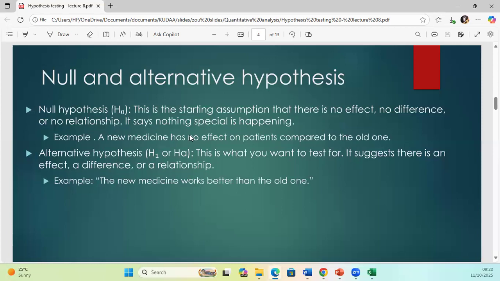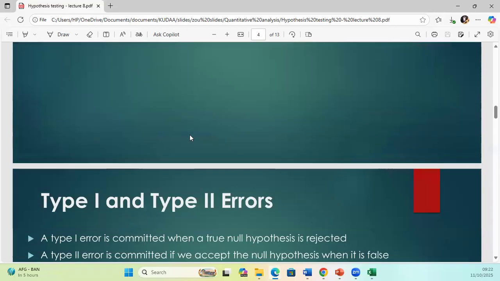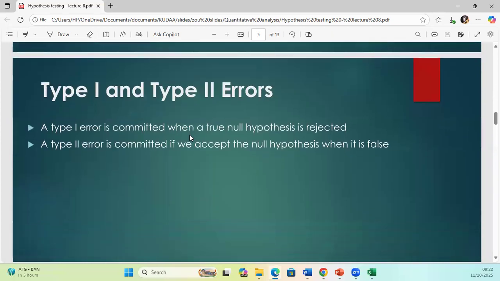We conduct a test with the aim of either supporting the null hypothesis or supporting the alternative hypothesis. So we want to find which side to support. Should we go for the null hypothesis or should we go for the alternative hypothesis? So we test a claim with the aim of identifying whether we should go with the null hypothesis or the alternative, which is saying there is a change.